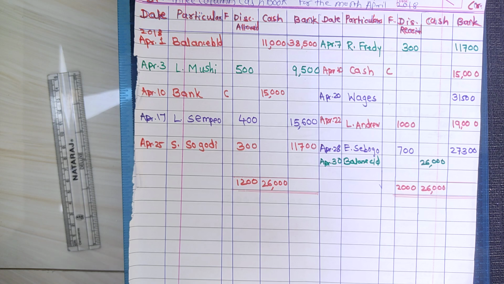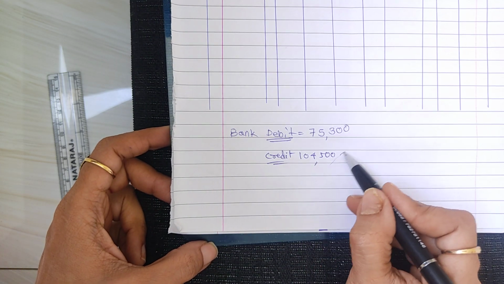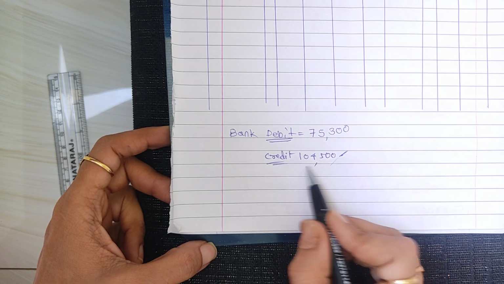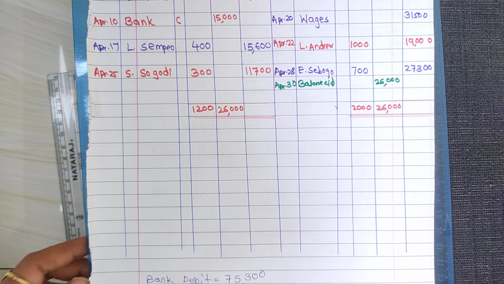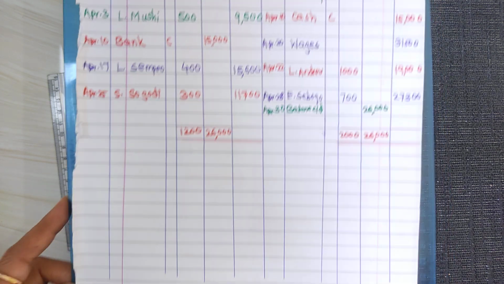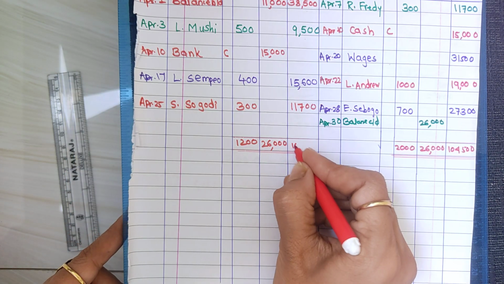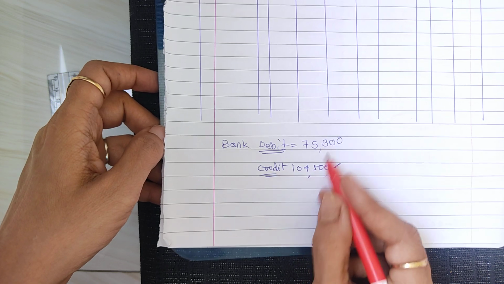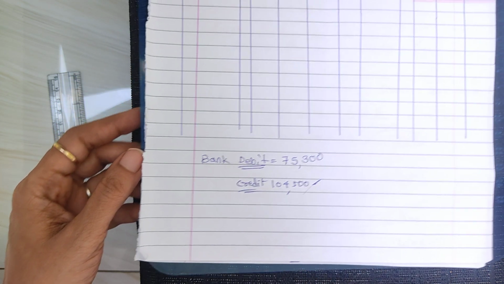Now see students, whenever we have to find the balance, you have to write down the total which is more on both sides. So the credit side is more, 104,500. So write down this total on both sides. 104,500. Okay. Now you have to take the difference of the debit and credit amounts.